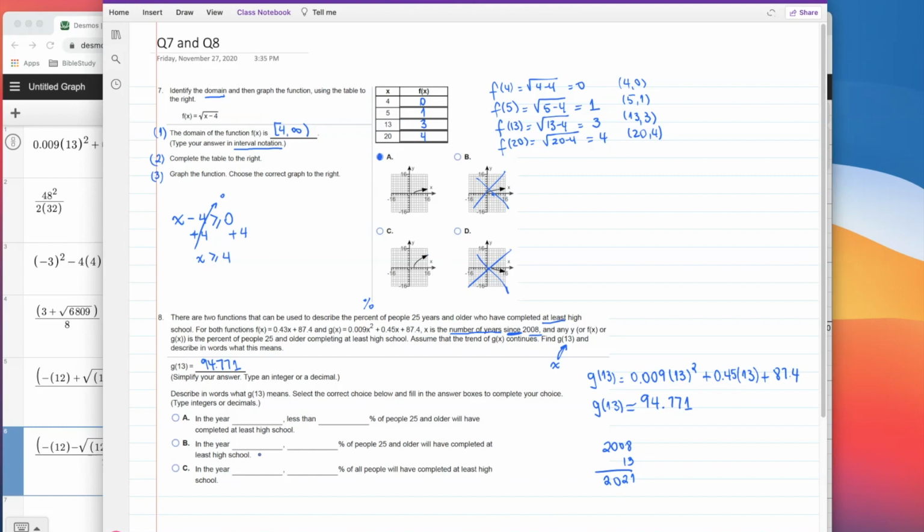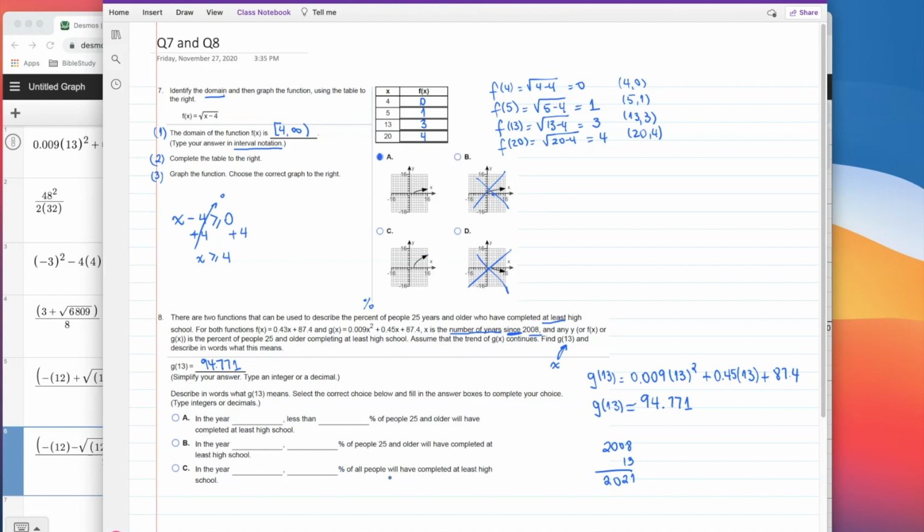In the year 2021, what is the percentage of people 25 years and older that will have completed at least high school?